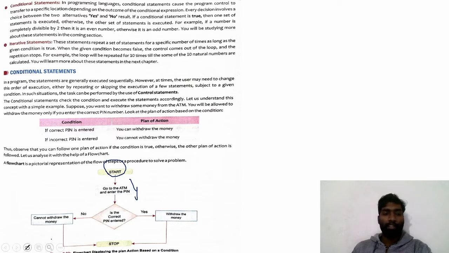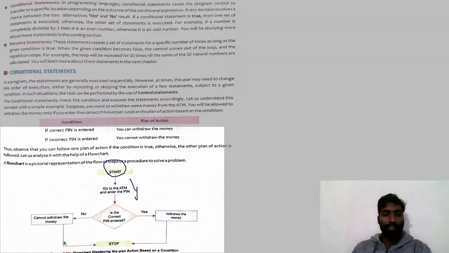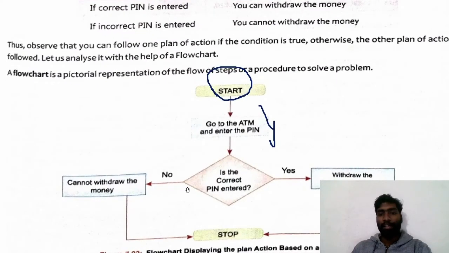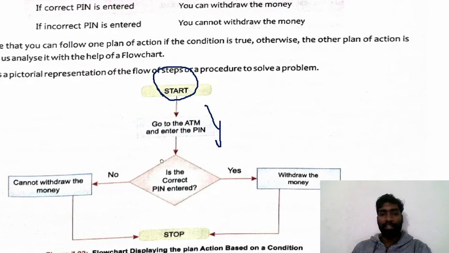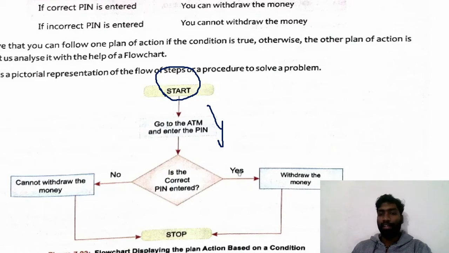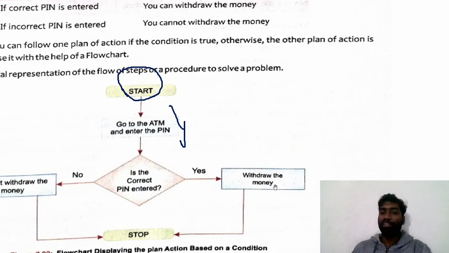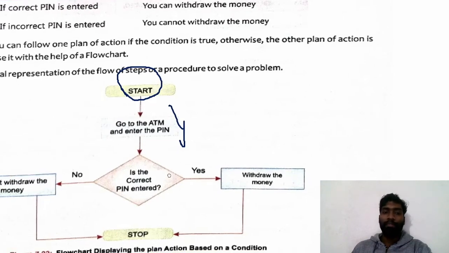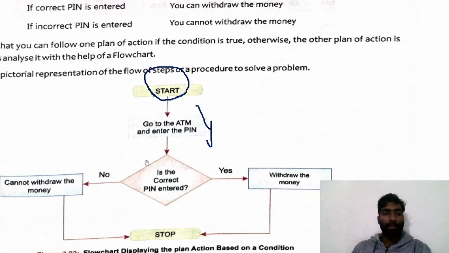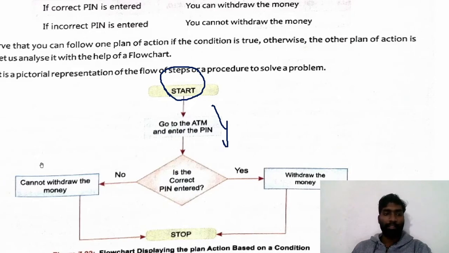Now what is happening? If the pin number is correct, yes, you can withdraw the money. If the pin number is not correct, you cannot withdraw the money. After that it will be over.